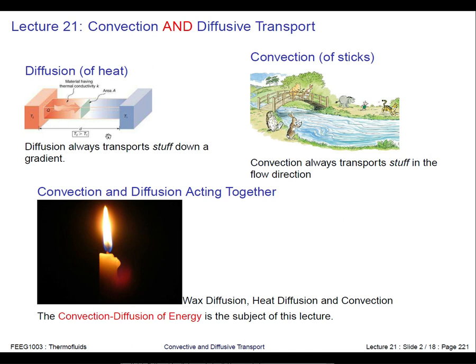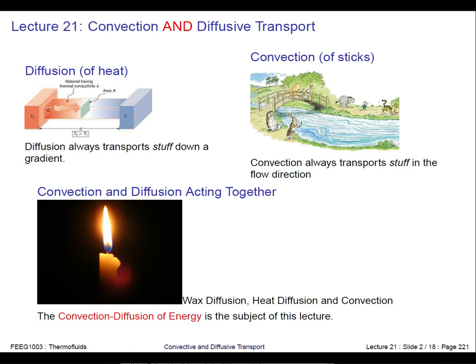So the diffusion depends on two things. Diffusion depends on the temperature difference between, if you like, the source and the sink, and it also depends on a diffusion coefficient, and for energy it's the thermal conductivity. Okay, and convection is effectively the action of velocity to transport something with it.